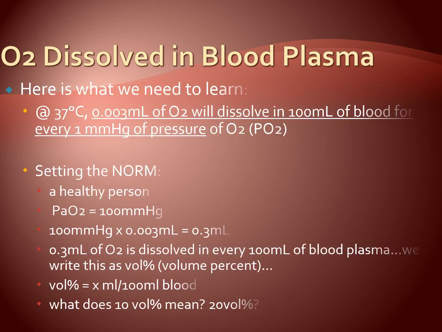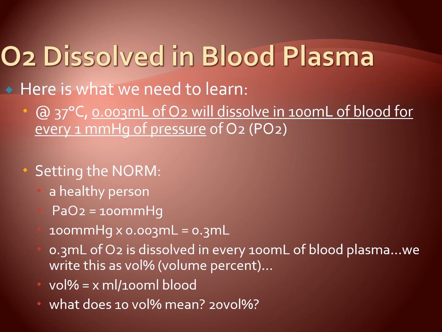So we're still looking at how oxygen is dissolved in the plasma. And remember when we talked about the red blood cell, we were looking at the maximum amount that can be pushed onto the hemoglobin molecule, or the maximum carrying capacity of a hemoglobin molecule.